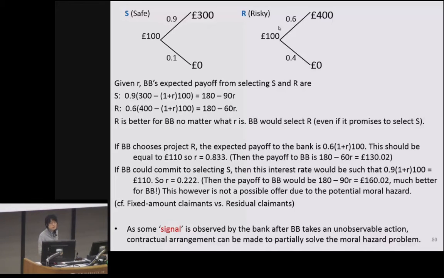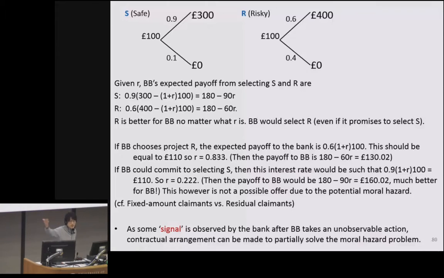And that is because lenders, creditors are fixed amount claimants, while companies' shareholders are residual claimants. Lenders are fixed amount claimants because their payoff is, at most, the amount lent out times 1 plus interest rate.